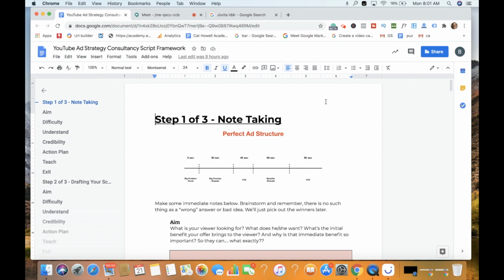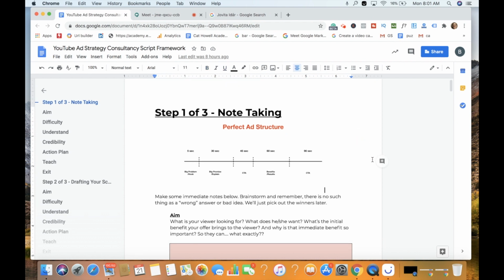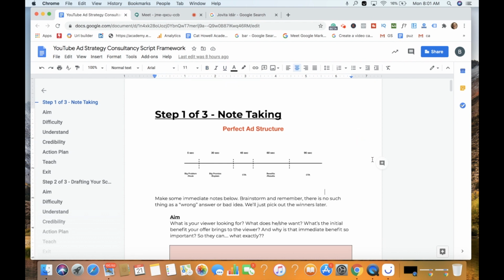Cool. All right, so I guess to start with, a script framework for YouTube ads. There's a number of different ways to think about this, but this is the one I've gotten the most traction with. I'm going to go over how I structure an ad overall, and then go into the script writing a little bit.